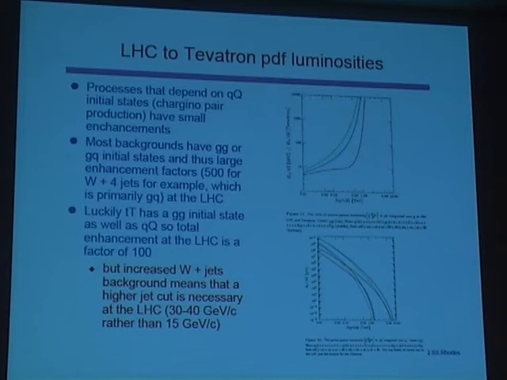The blue is gluon-quark at the LHC to gluon-quark at the Tevatron. And the red is q-qbar at the LHC compared to q-qbar at the Tevatron. You notice that one of these curves is not like the other. That's the q-qbar, because there's not as big an enhancement at the LHC, because the Tevatron has these valence antiquarks that are available.